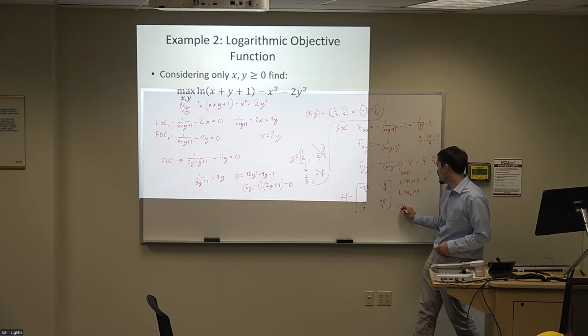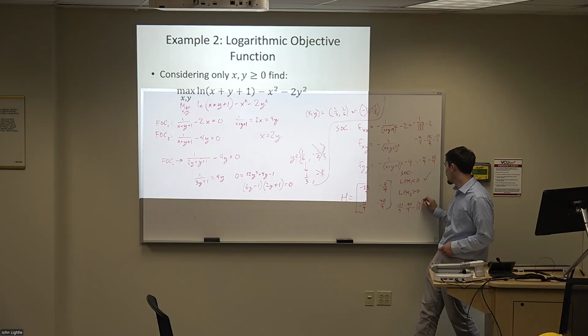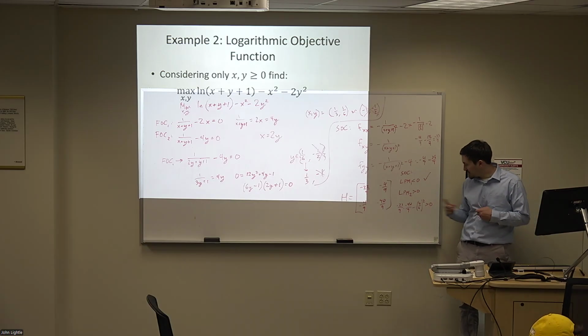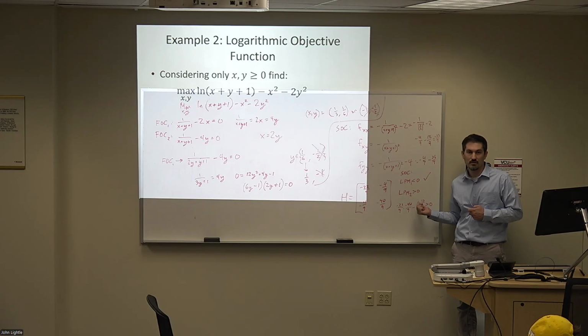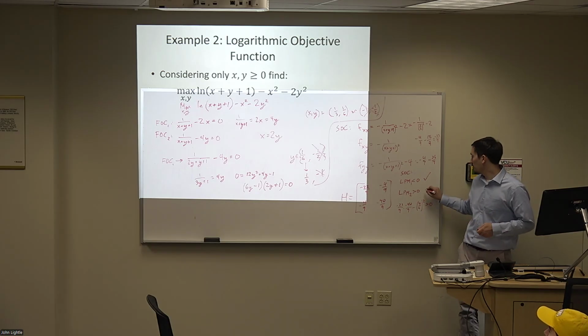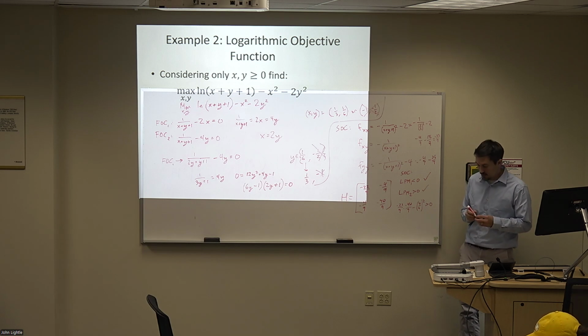Negative 22/9 times negative 40/9 minus 4/9 squared. I can tell it's positive because 22 and 40 are both bigger than 4. But if you wanted to check that yourself, you could do it. But bing again for this.